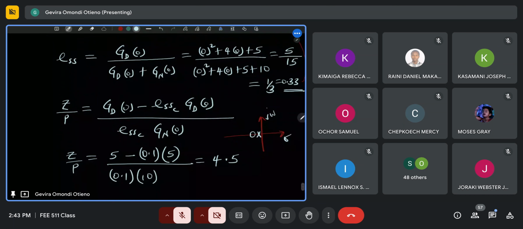So we want to know where the dominant pole is for our system. I'll show you that in a short while.